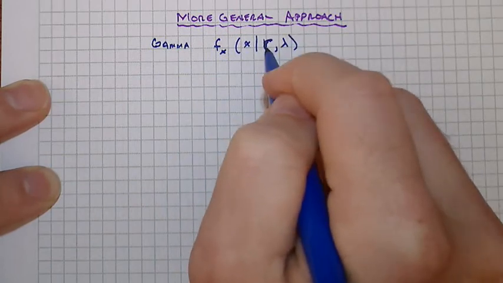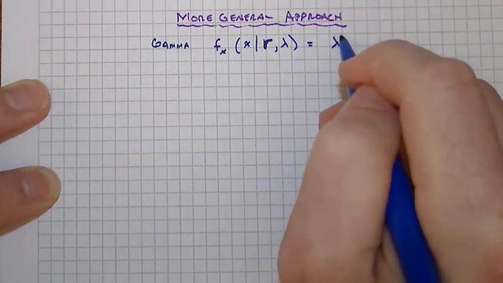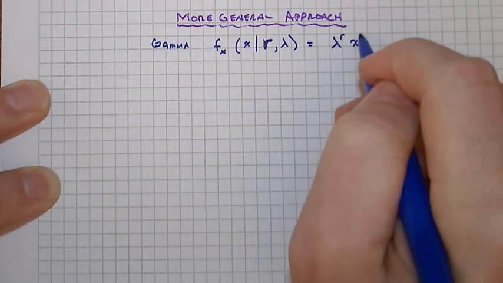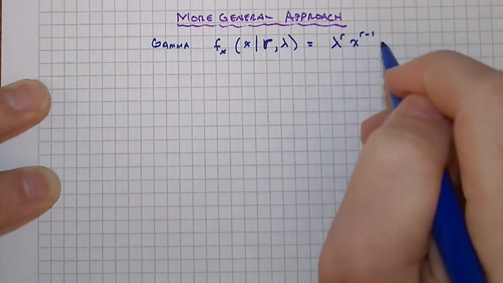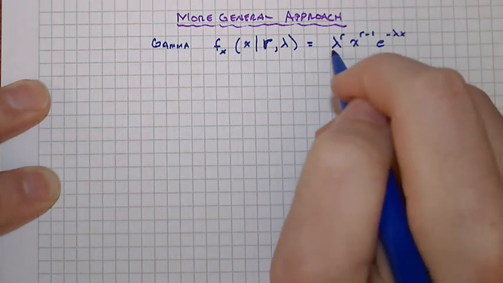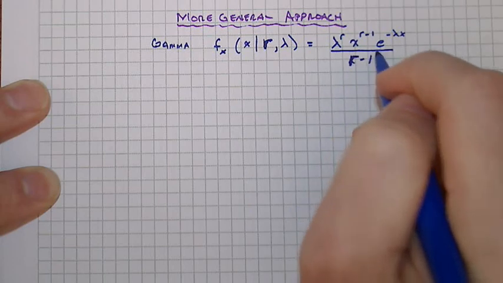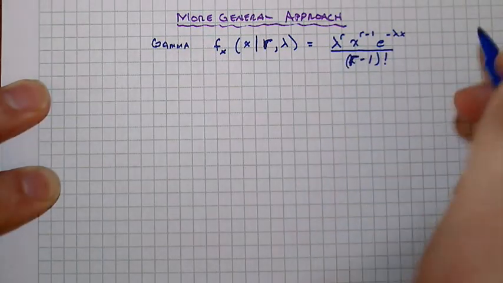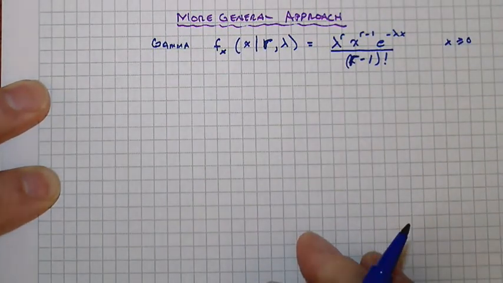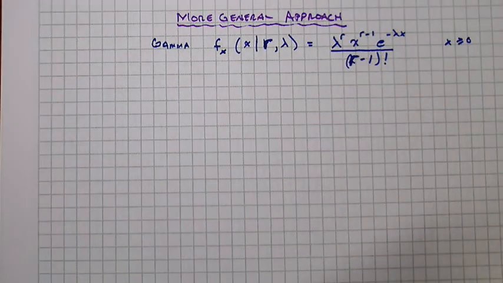Sometimes this is a k. The PDF equals lambda to the r, x to the r minus 1, e to the minus lambda x, over r minus 1 factorial, for x greater than or equal to 0. So a two-parameter model, that's what we're going to illustrate this more generalized approach with.